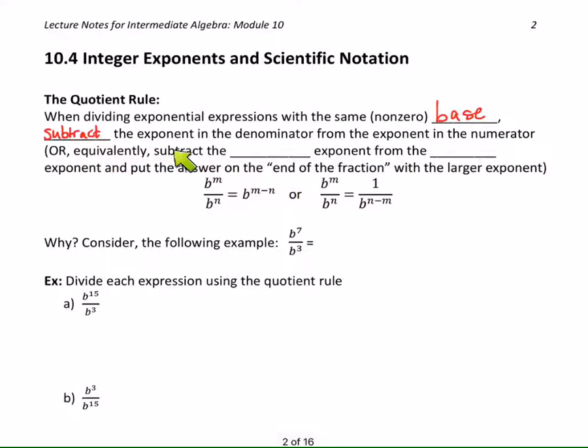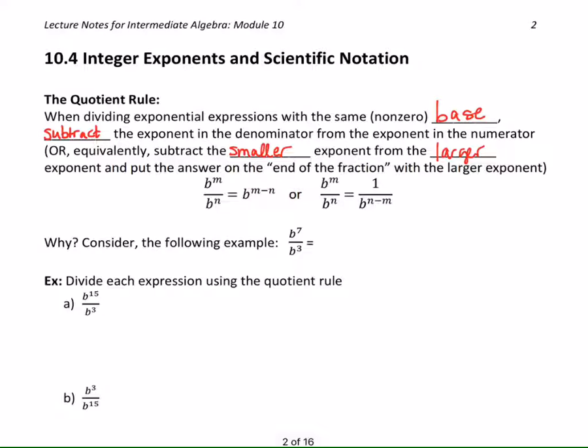Or, equivalently, you can subtract the smaller exponent from the larger exponent and leave the answer on the end of the fraction with the larger exponent. So the key is you can subtract the top minus the bottom.